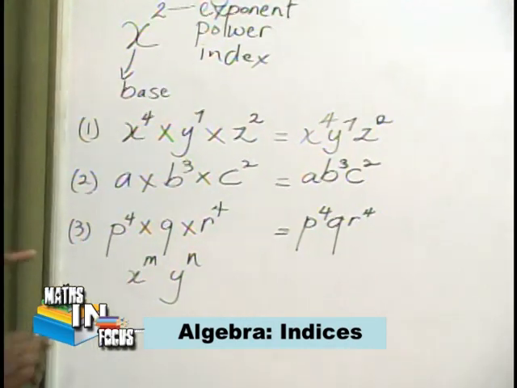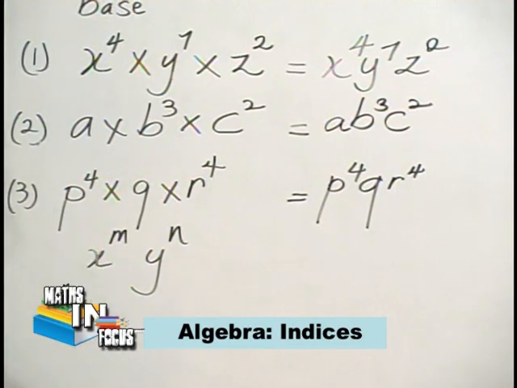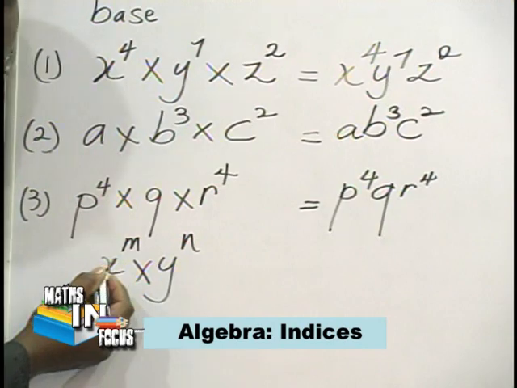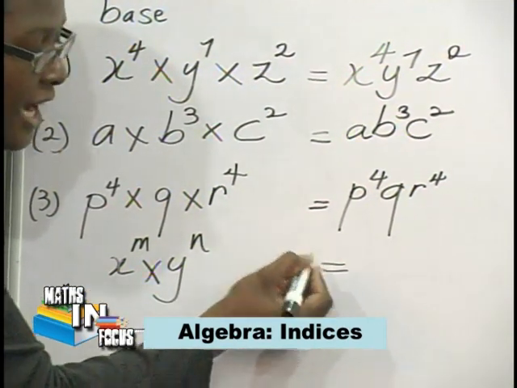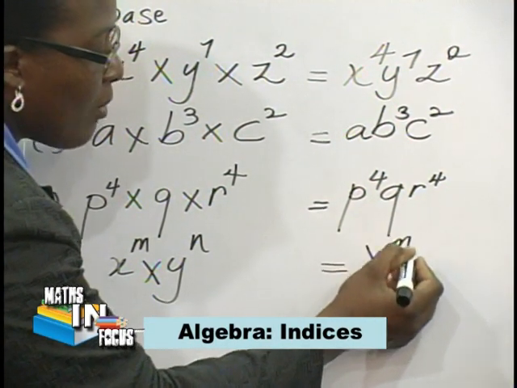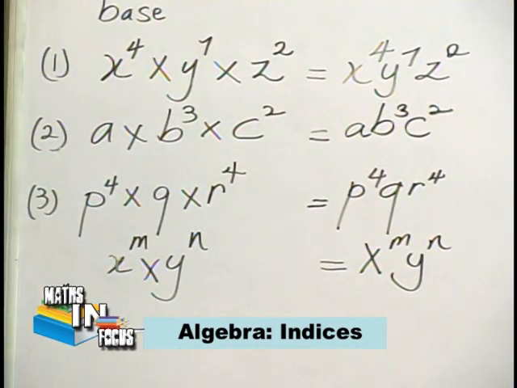Good? So we're starting over here. What should I put between these two? Multiplication sign. When x to the m is multiplied by y to the n, what will I have? X to the m, y to the n. And it's always like that.